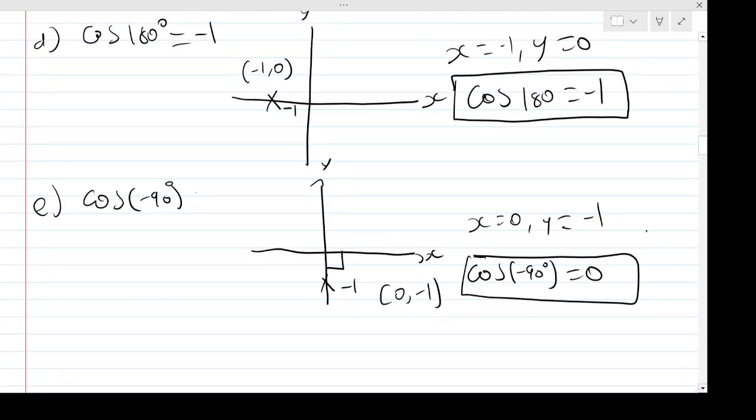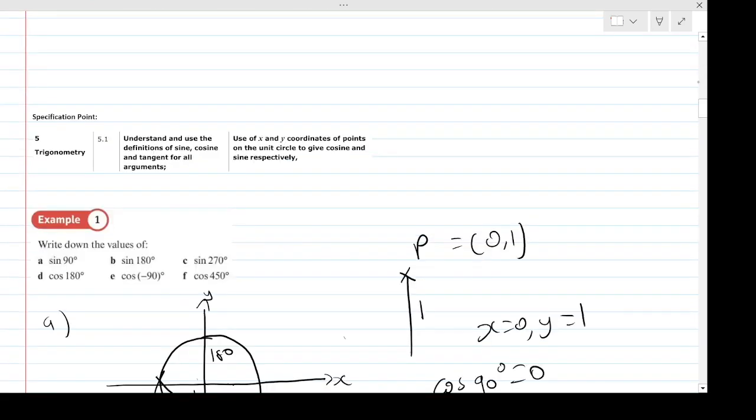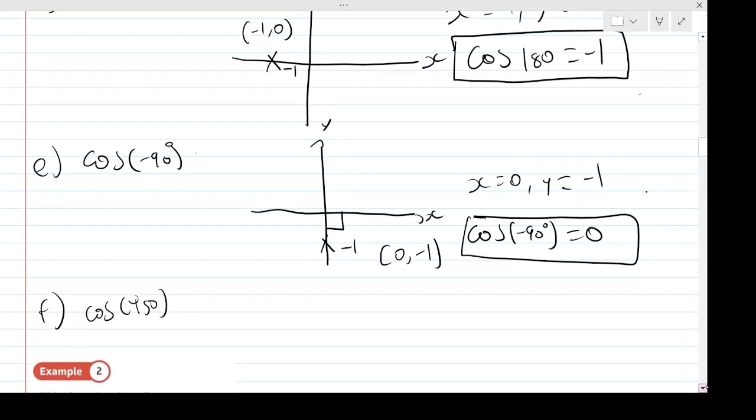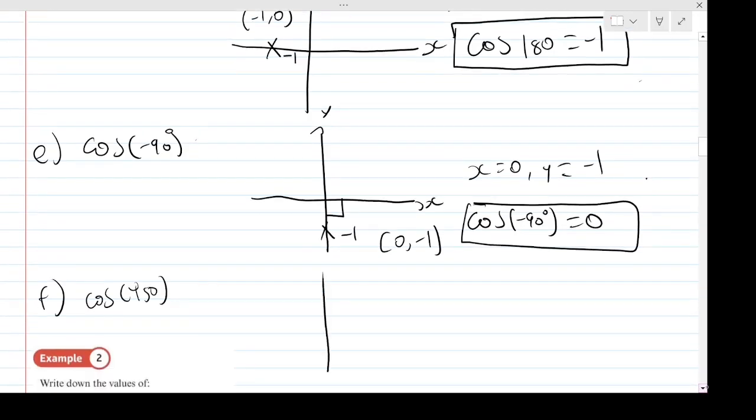Then part F, the last part of this, we need to find cos of 450. Okay. Right. Okay. So let's draw it here. Well, 450. We know that a full turn positively this way is 360.